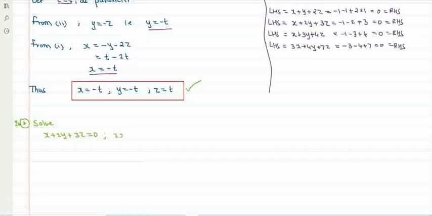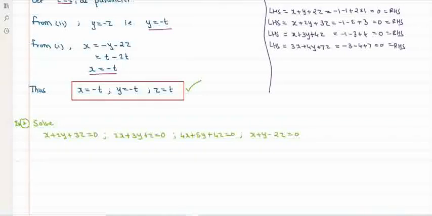Second, 2x plus 3y plus z equal to 0. 4x plus 5y plus 4z equal to 0. x plus y minus 2z equal to 0.